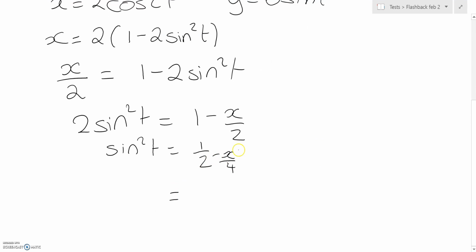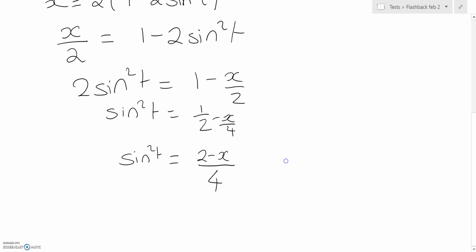I think it's a good idea to try and make it a common denominator. So let's have it all over 4, and so it's going to be 2 minus x over 4 is sin squared t, and now we can say that sin t is the square root of 2 minus x over 4.